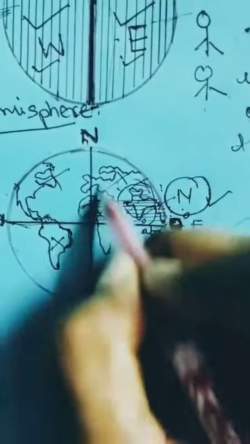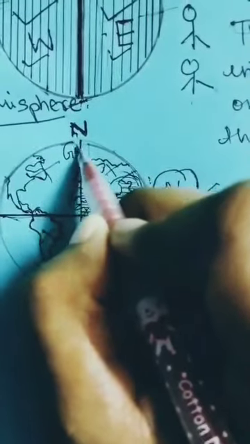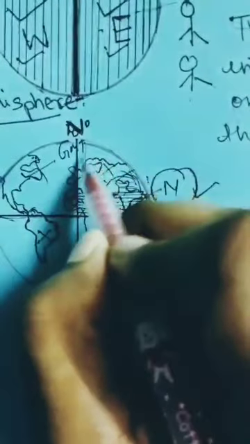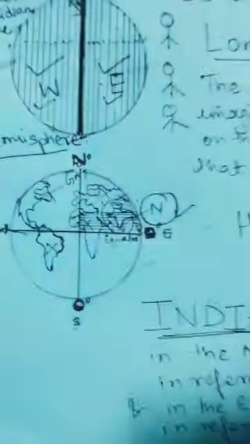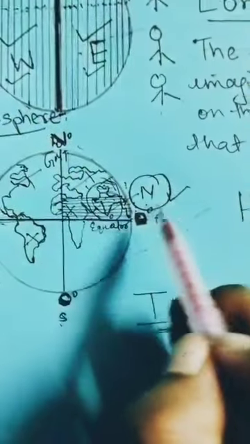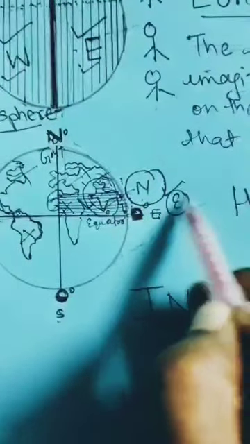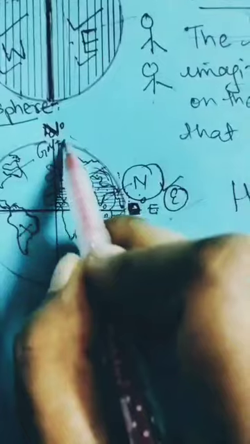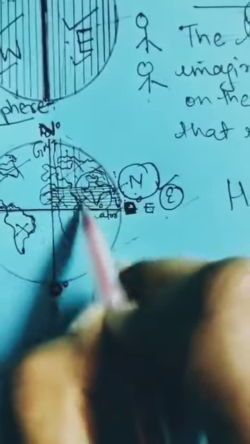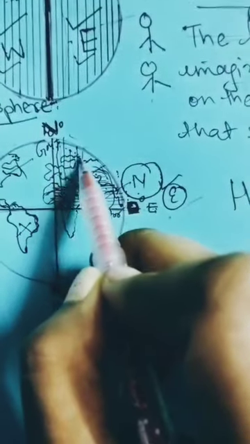In comparison to the GMT longitude, this is 0 degree. India is located in the eastern hemisphere. This is the eastern hemisphere, and this is the western hemisphere. Clear? So India is also located in the eastern hemisphere. That means all the longitudinal values will be increasing like 1, 2, 3, 4, 5, 6, 7, 8, 9, 10.